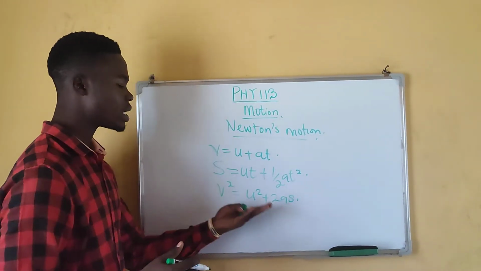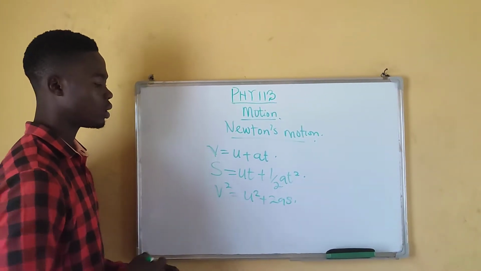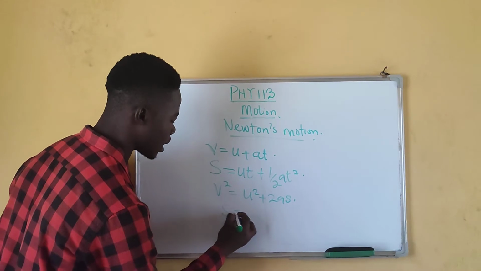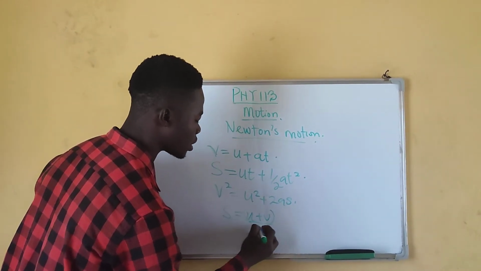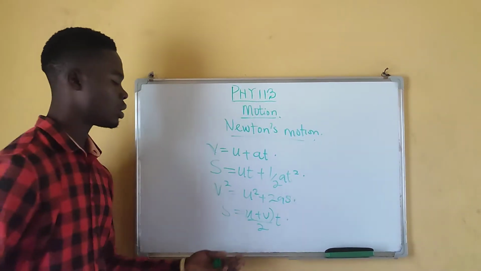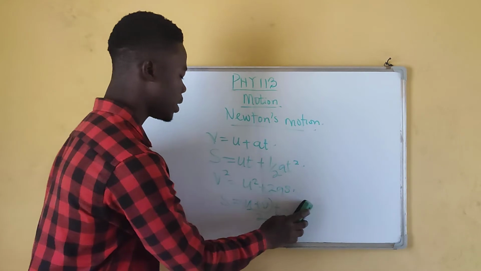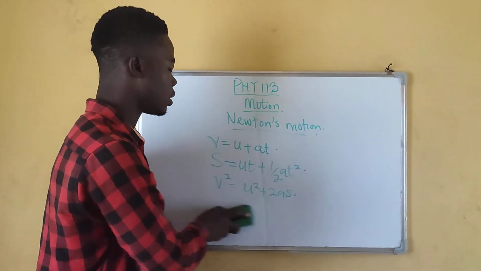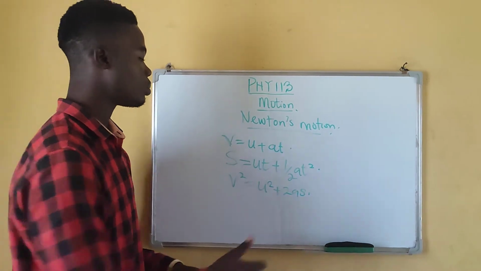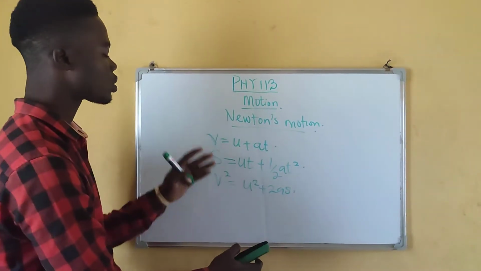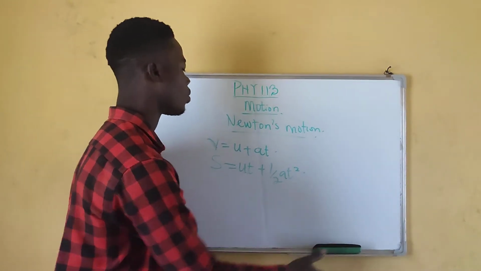These are the three basic equations of motion. Although there are others like S equals U plus V over 2 times T. But we'll be dealing basically with these three. For today, we'll be talking about the first one and the second one.